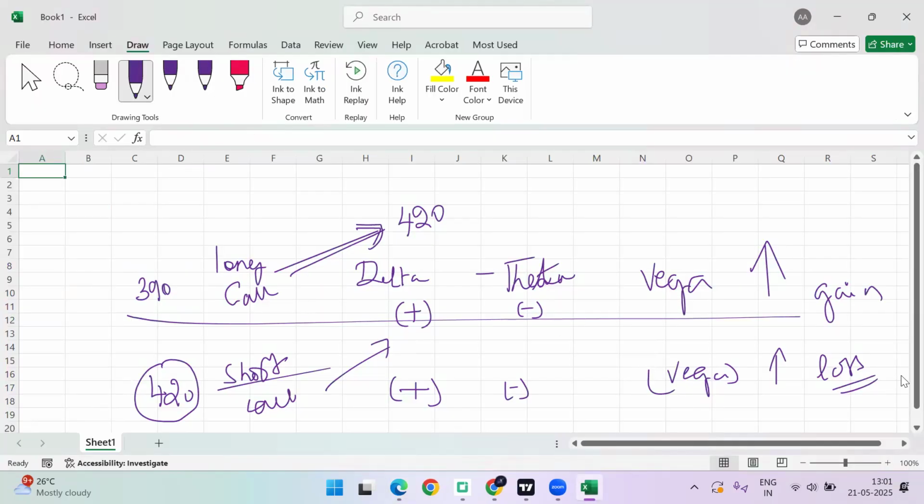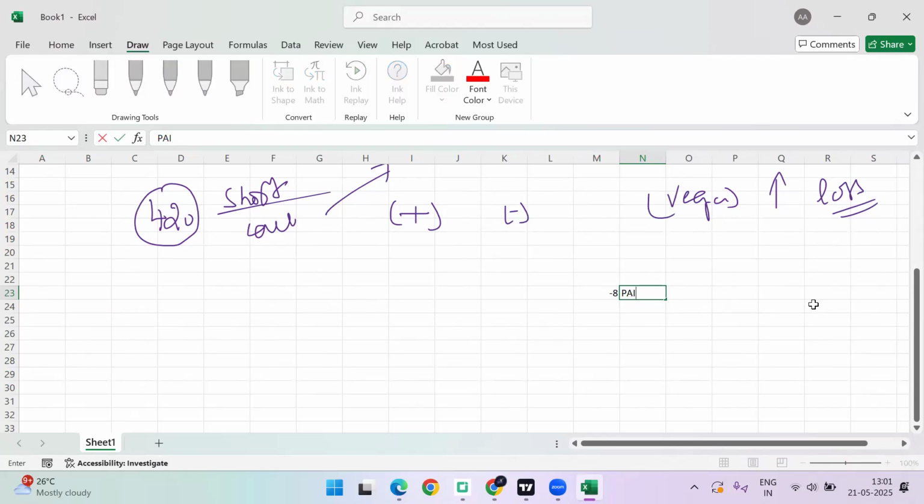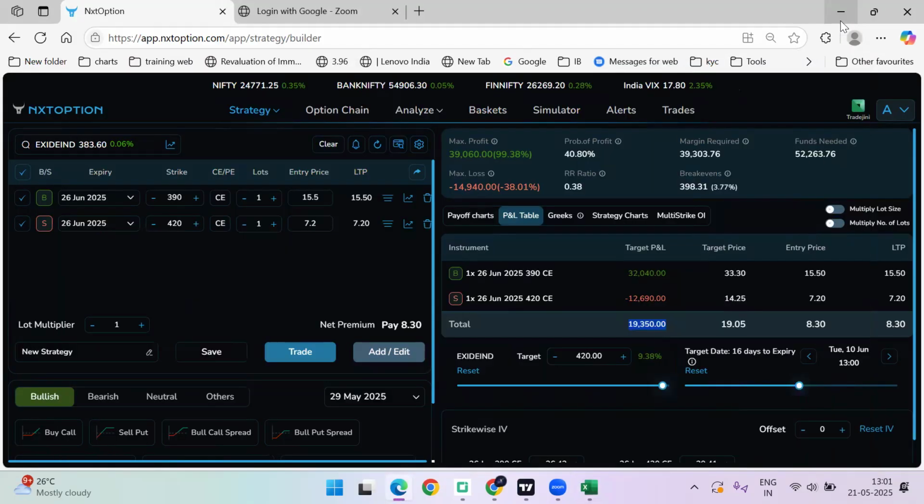So as a result, you will make a gain of 19,350. You paid 8, that is -8, and you will be collecting 19 that will be received. So your net gain would be 11 into 1,800, so close to 19,800 would be your net gain. Okay, it's 19.5.